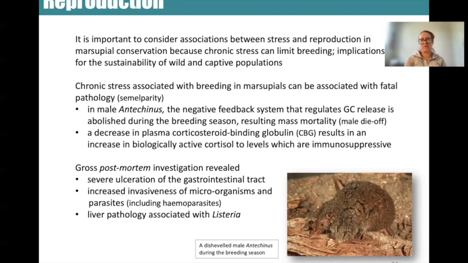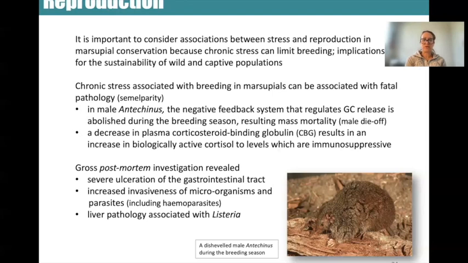In males, this negative feedback system is actually abolished during the breeding season. So this tends to result in a massive male die-off. Basically all the males will breed, then die.